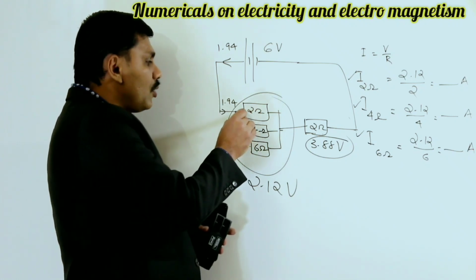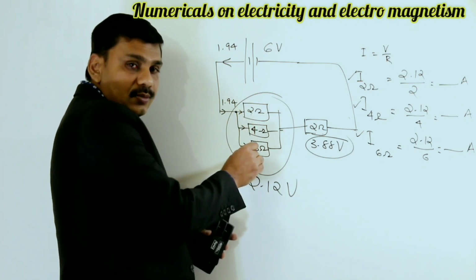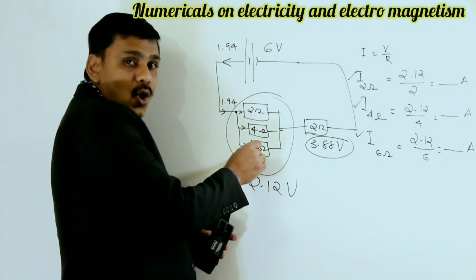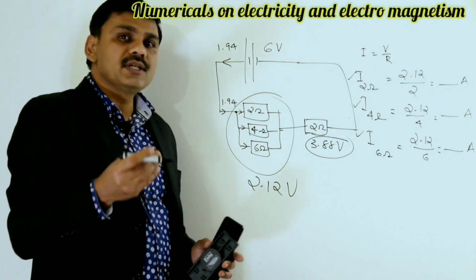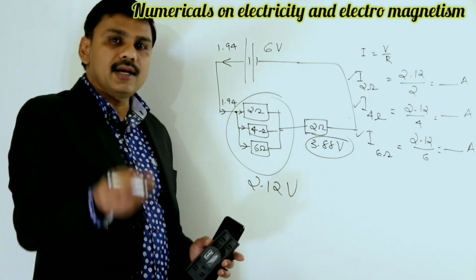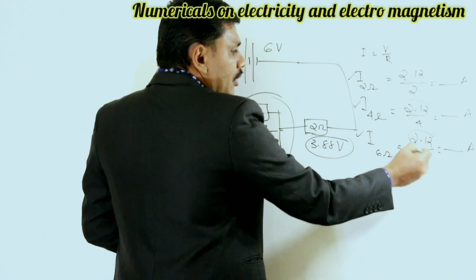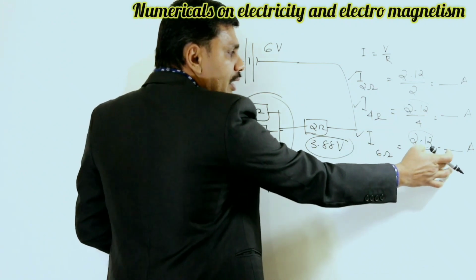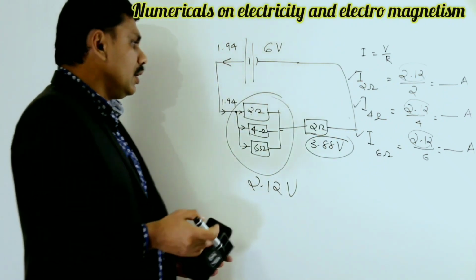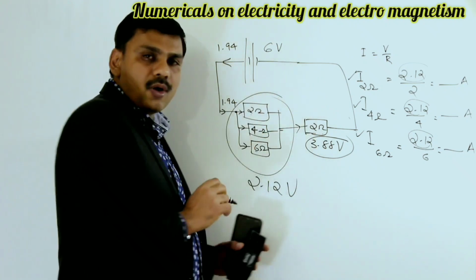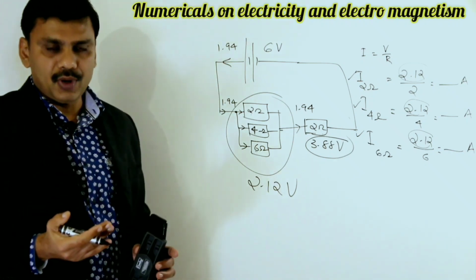So that type of question can be asked: in a parallel combination, through which resistor is the current more and through which is it less. Voltage is the same everywhere, so if the resistance is more, the current will be less; if the resistance is less, the current will be more. Then what is the current flowing through this 2 ohm? It will be 1.94.